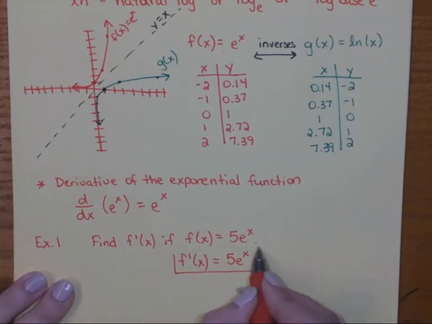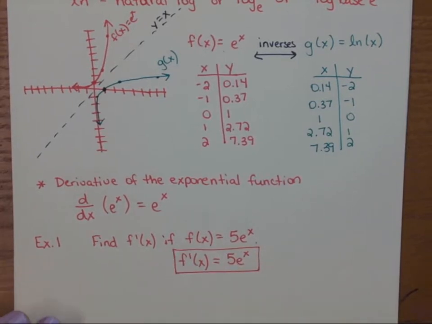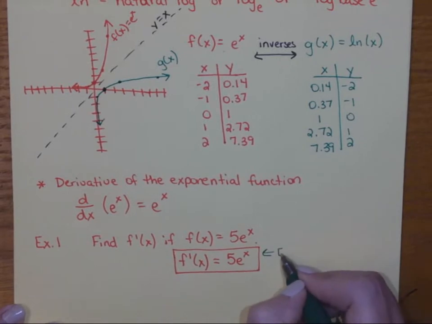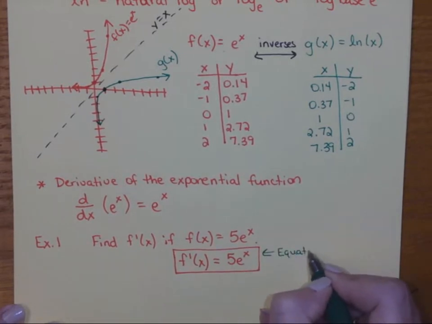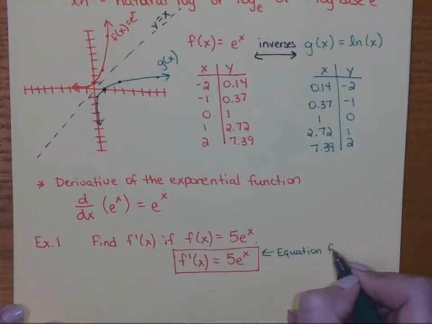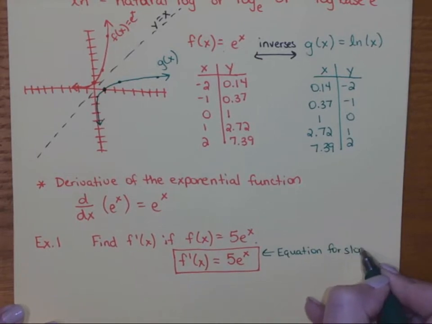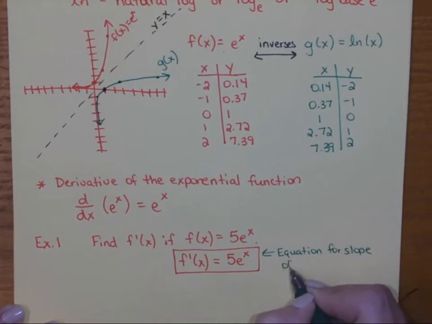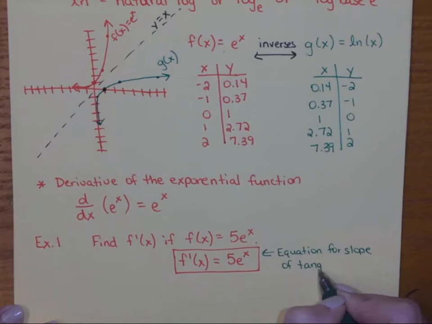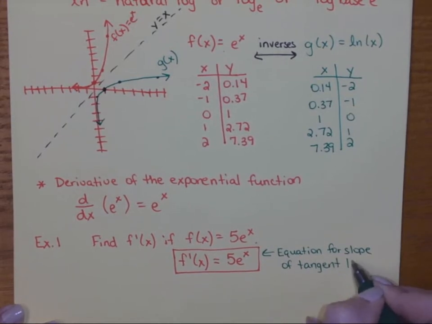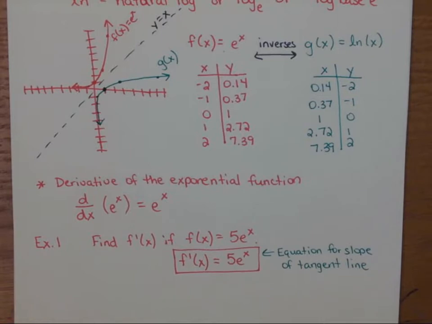So I end up getting something that looks like what I started with, right? But remember, this is the equation for the slope of the tangent line. Okay, so notice this is different than doing x to a power. This is e to a power.